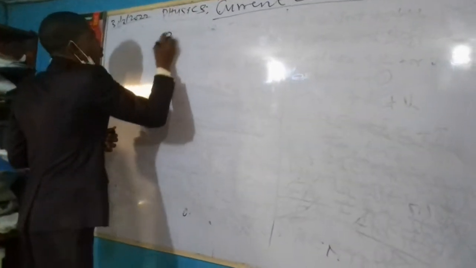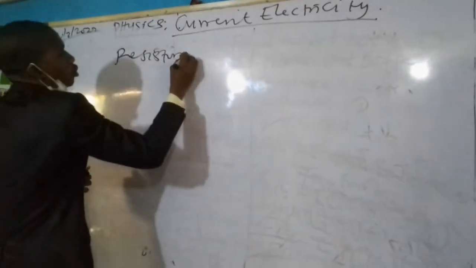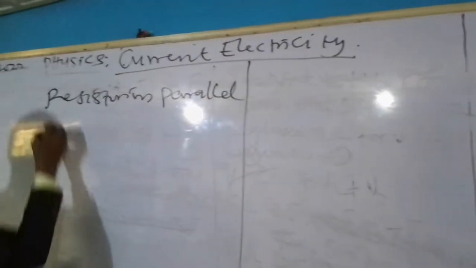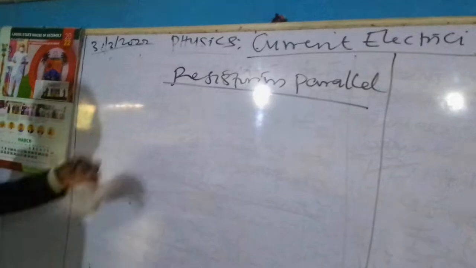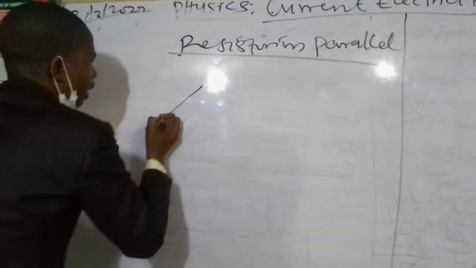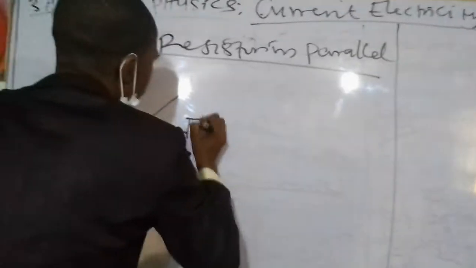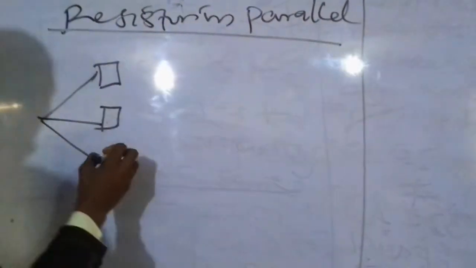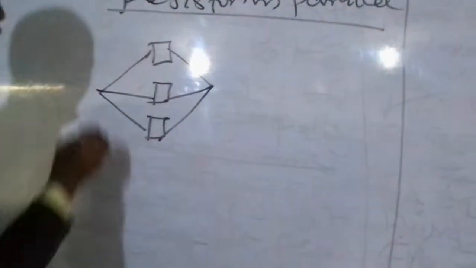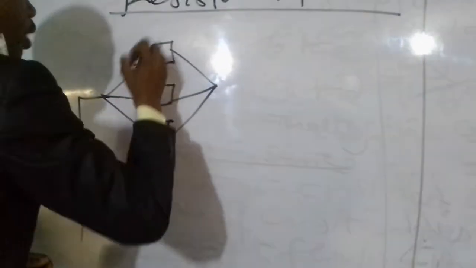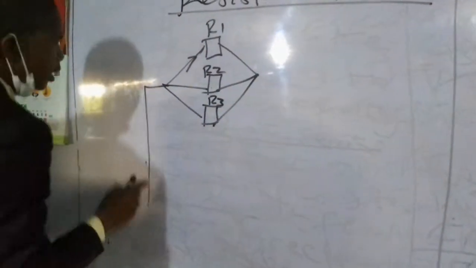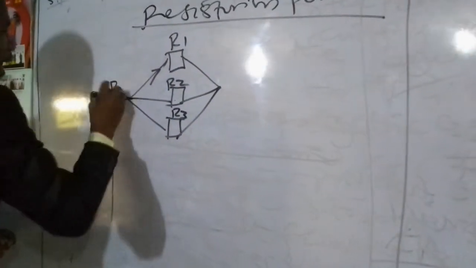Resistors in parallel are drawn as follows. This is parallel connection. From here, we have resistor R1, R2, R3. Then we have total R.